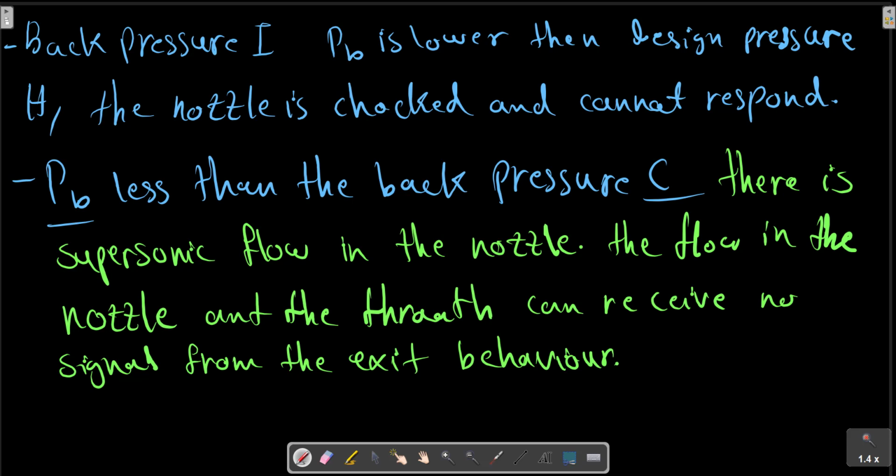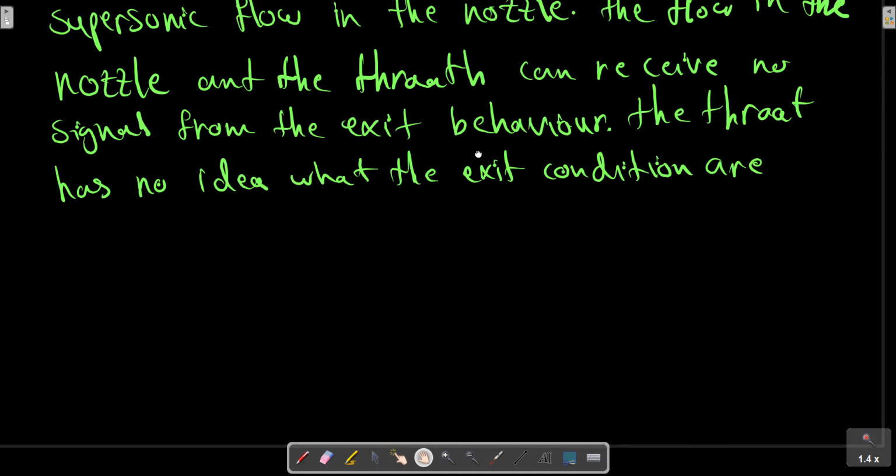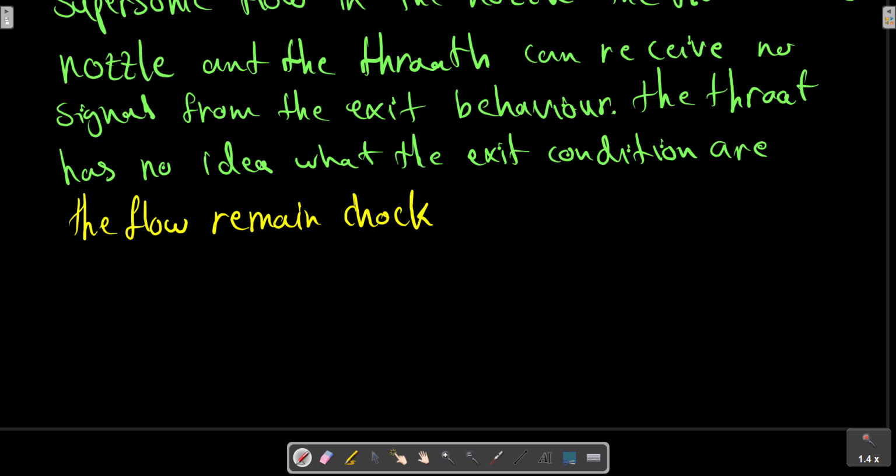The flow remains choked and the throat has no idea what the exit conditions are.